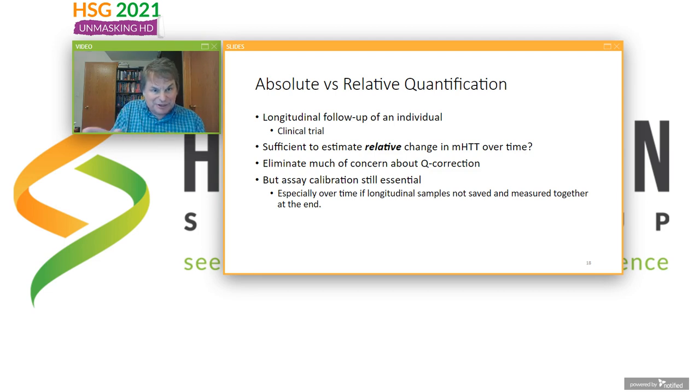It might not work for many longitudinal trials that have maybe a variety of goals in mind, and there are, again, concerns about the stability of the assay over time as it's saved. So if we don't do that, we're still back to some of these challenges with assay calibration. I don't have good answers for any of that, but those are hopefully a little more clearly defined questions, things that we need to grapple with if we really want to get an accurate quantification of mutant huntingtin.